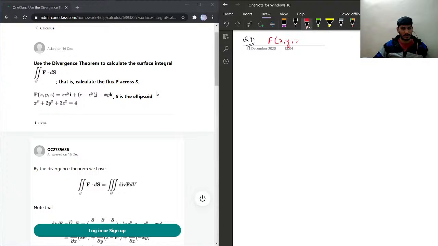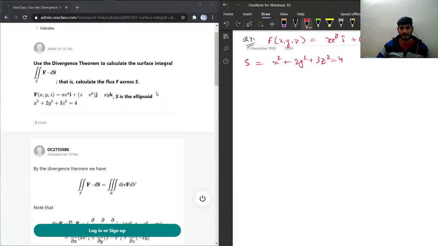The function we have is x e power y i cap plus z minus e power y j cap, and this is minus xy k cap, and the surface is the ellipsoid, which is x square plus 2y square plus 3z square equal to 4.